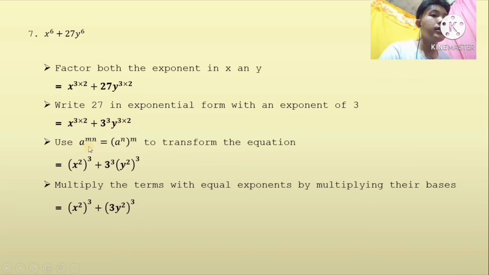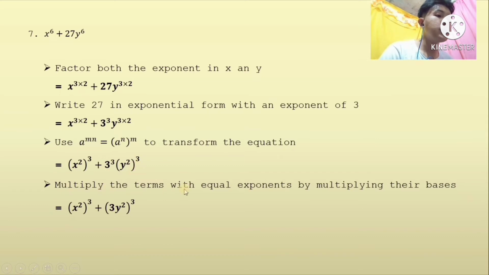Then use a raised to m times n is equal to a raised to m, raised to n, to transform the equation. So our equation will be x squared raised to 3 plus 3 raised to 3 times y squared raised to 3.